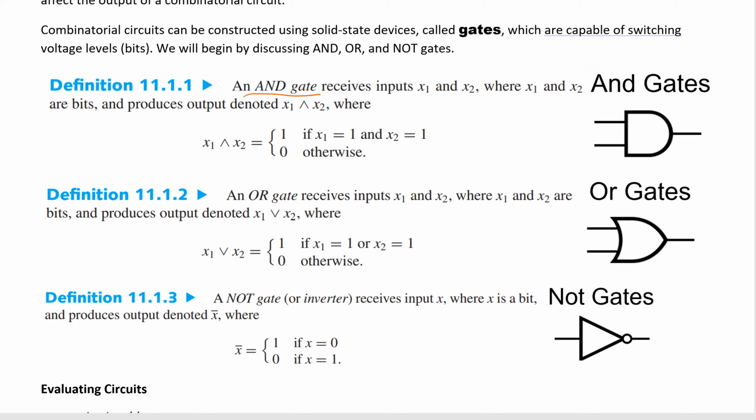An OR gate receives inputs x1 and x2, where x1 and x2 are bits, and produces output denoted by x1 OR x2, where x1 OR x2 is 1 if one of them is 1 and is 0 otherwise.